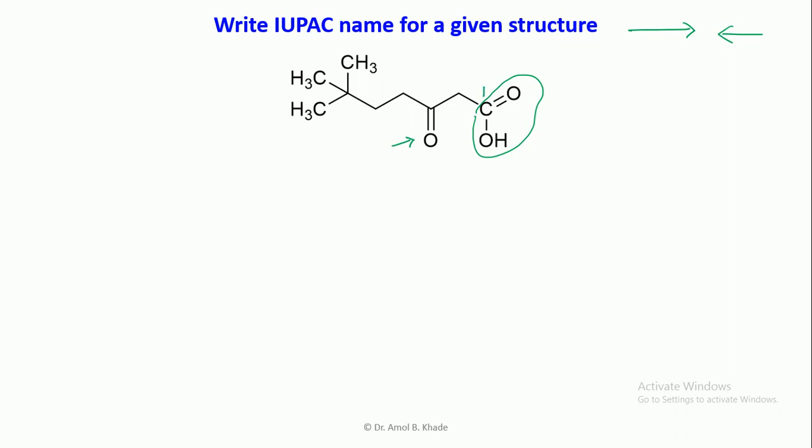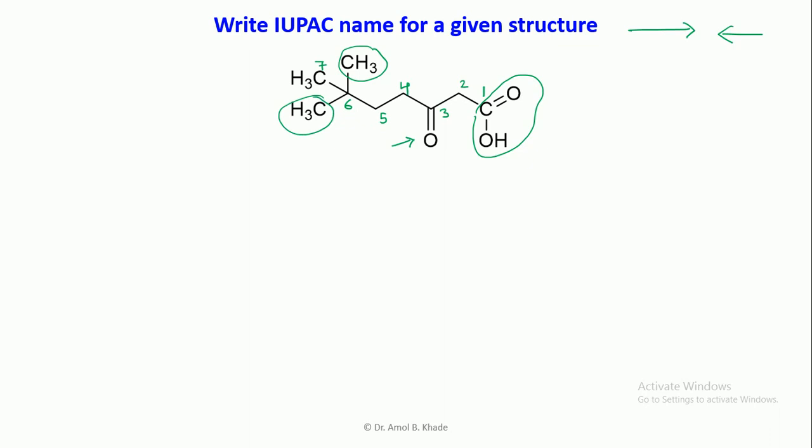So let's say this will be 1, 2, 3, 4, 5, 6, and we can also extend to this carbon because this is the longest parent chain, and then this methyl and this methyl can be considered as substituents.